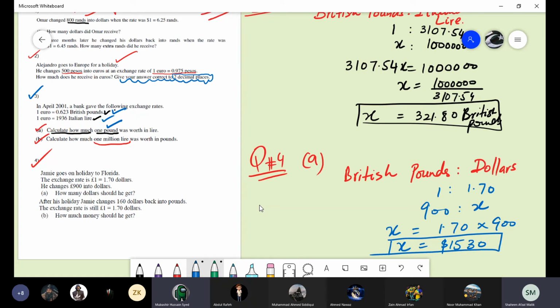After his holiday, Jamie changes $160 back into pounds. Before he had 900 pounds, and now he is going to change $160 back into pounds. So what will be the rate of exchange?